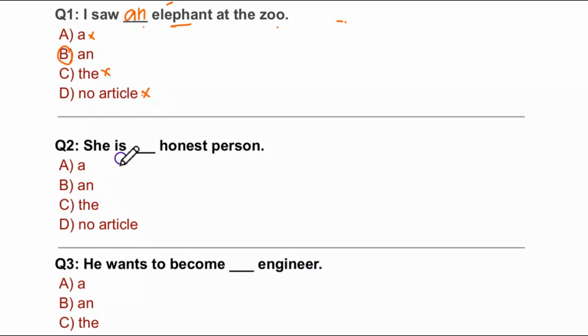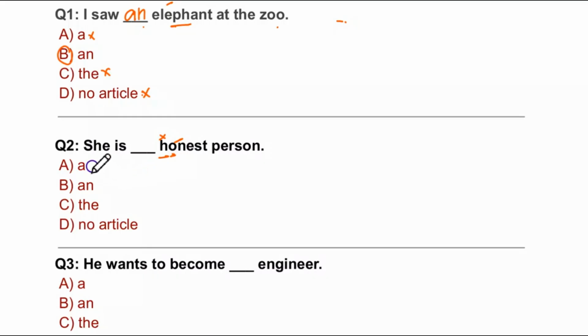Question 2. She is blank honest person. Here is a special one. The first letter is H, but we are not pronouncing H. It's silent. And if the H is silent, the second letter is pronounced. So the first sound that we are hearing is the O sound.